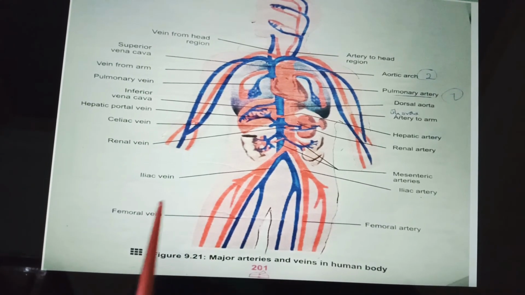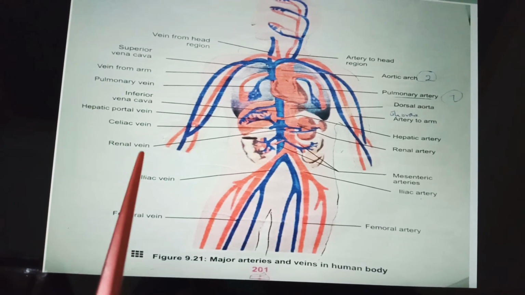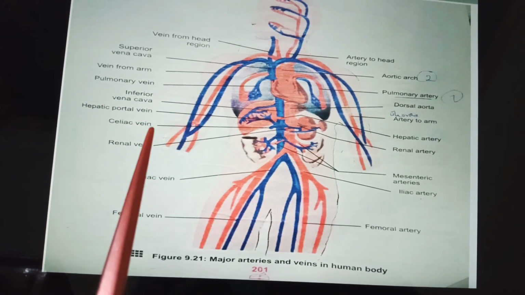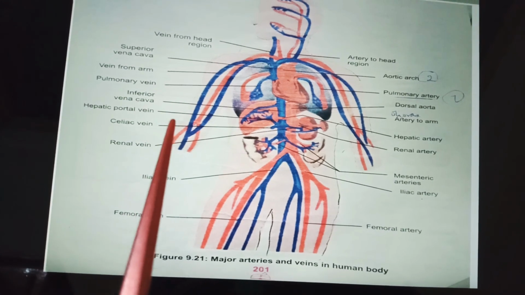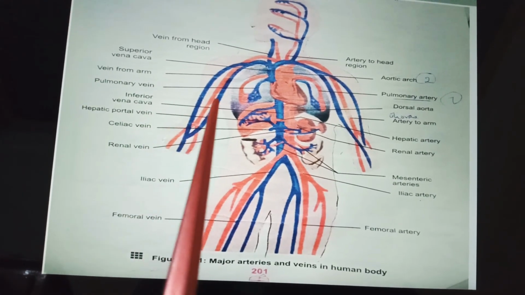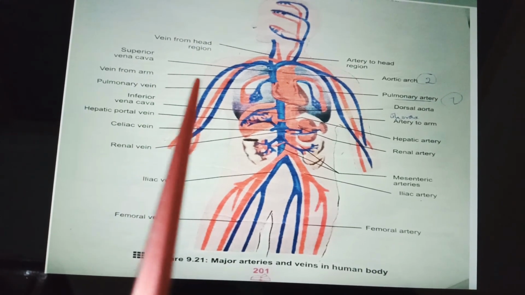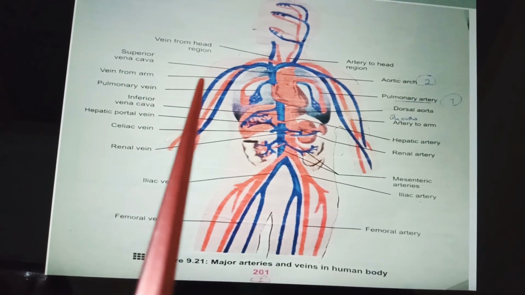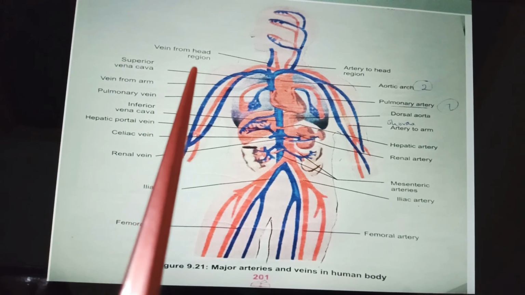And here is the femoral vein, iliac vein, renal vein, iliac vein, hepatic portal vein, inferior vena cava, pulmonary vein, vein from the arm, superior vena cava, and vein from the head region.